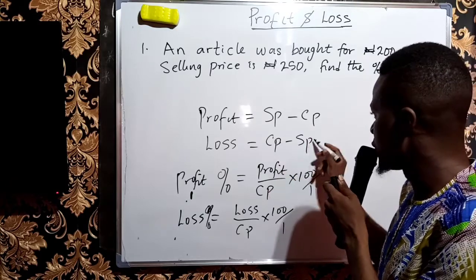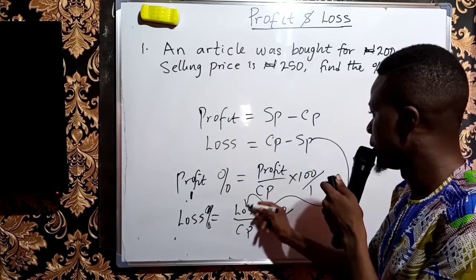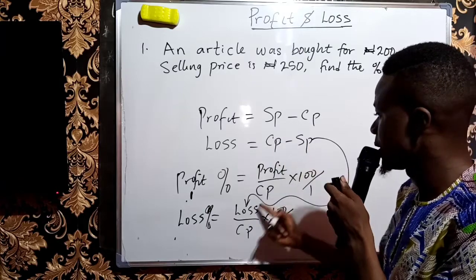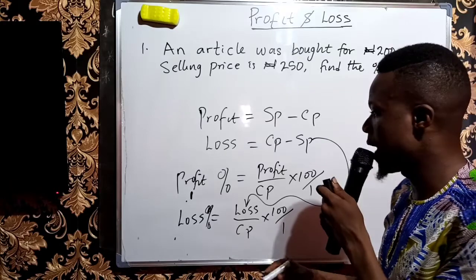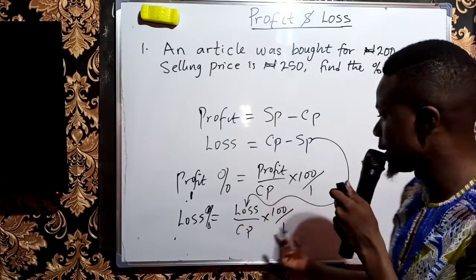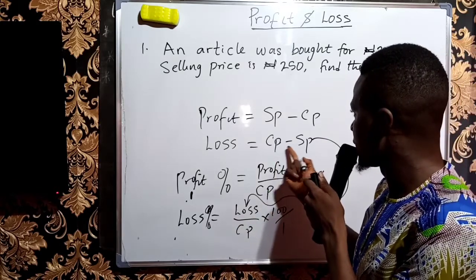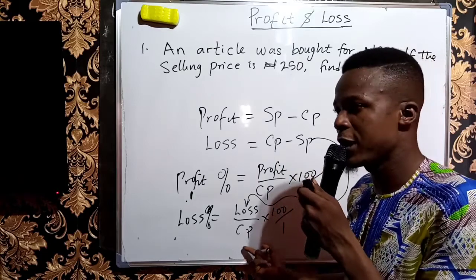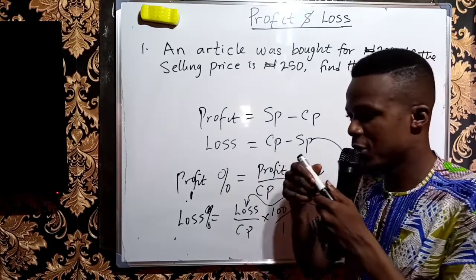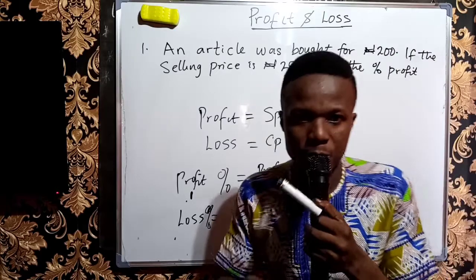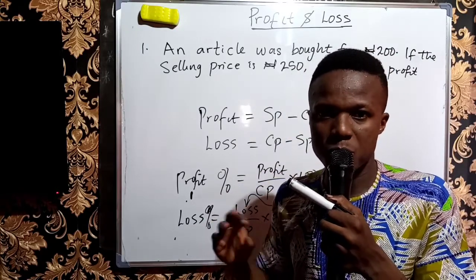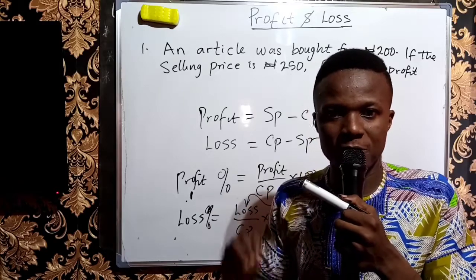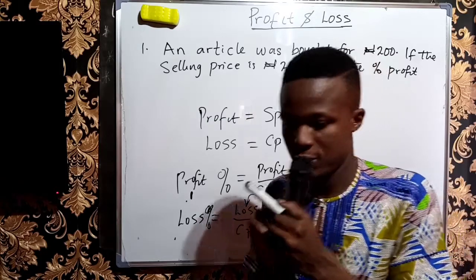So you are free to plug in cost price minus selling price for loss here. That is why some persons write that loss percent is equivalent to cost price minus selling price all over cost price times 100 over 1. So we are going to exemplify this profit and loss with a few problems to make you understand the concept very well.